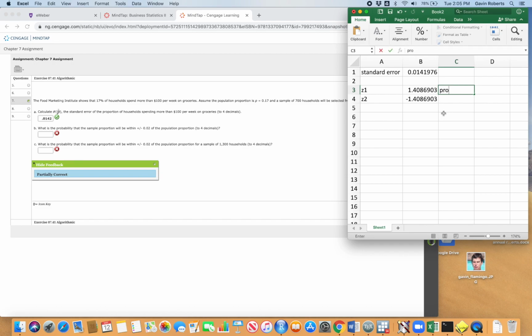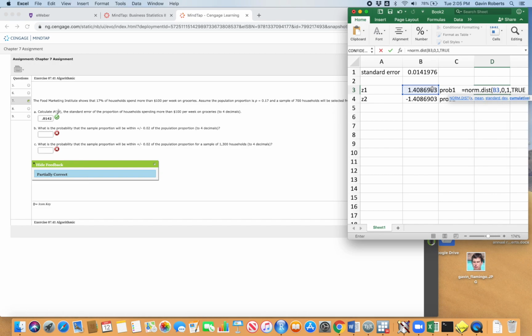Now we need a probability, prob1, prob2. This is like us going to the z-table, except Excel is cooler than the z-table. The cool kids use Excel, not the z-table. Should we do equals? Well, that's weird looking, but whatever, it's fine. NORM.DIST. This guy, comma, 0, comma, 1, because it's a standard normal distribution, a z distribution.